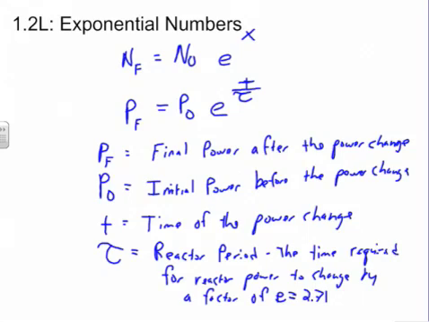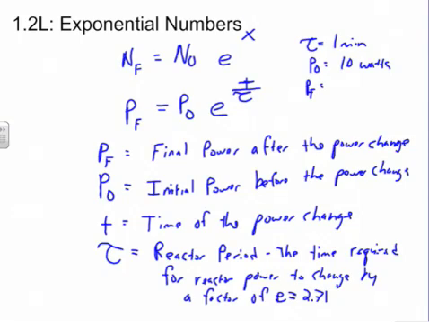Okay. So before we get into all the math with exponents, let's just talk about reactor period so that you get a good solid understanding of what this is. Let's say that we have a reactor period of 1 minute. So tau is equal to 1 minute. And let's say our initial reactor power is equal to 10 watts. What would the final reactor power be 1 minute later?